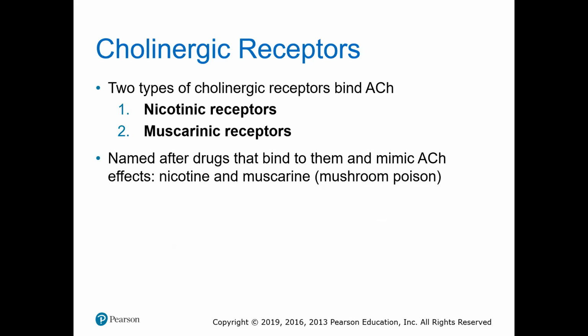Nicotine is excitatory. It causes our blood vessels to constrict. It raises our blood pressure. Muscarinic is like from poisonous mushrooms. Regardless of that, the names are nicotinic and muscarinic. You have a nicotinic receptor, you have a muscarinic receptor.